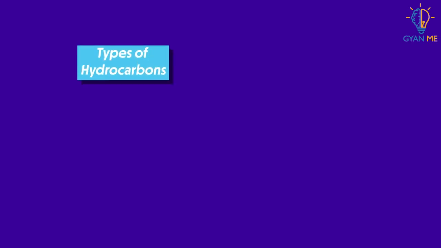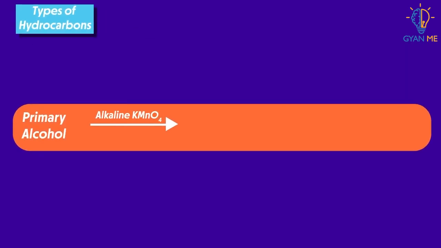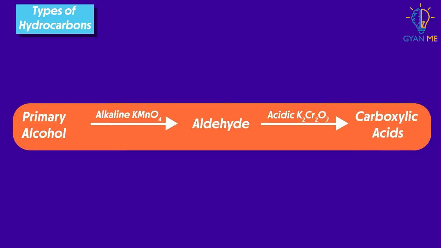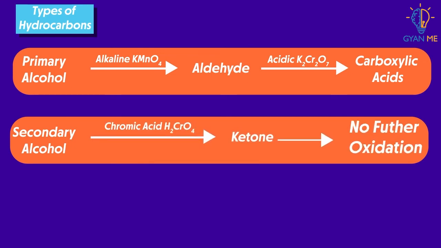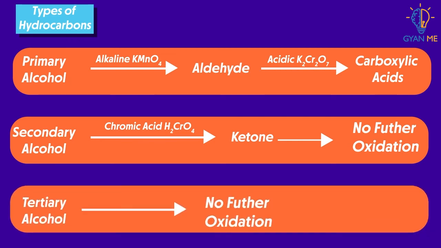For example, primary alcohol gets easily oxidized to form an aldehyde and can further still be oxidized to form carboxylic acids too. Secondary alcohols get easily oxidized to ketone, but further oxidation is not possible. Tertiary alcohol doesn't undergo any oxidation reaction at all.